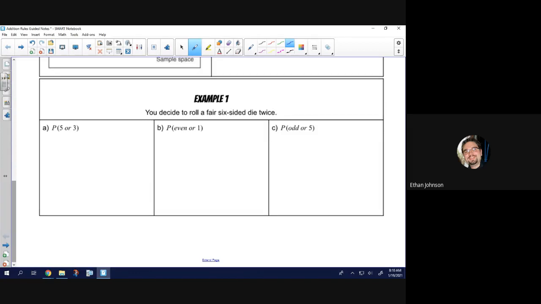So that tells me that I just need to add. Probability of a 5 would be 1 out of 6. Or means to add. Probability of 3 would be 1 out of 6. And to add fractions, the denominator has to be the same number. It is, so we just add the tops. 1 plus 1 is 2 out of 6.